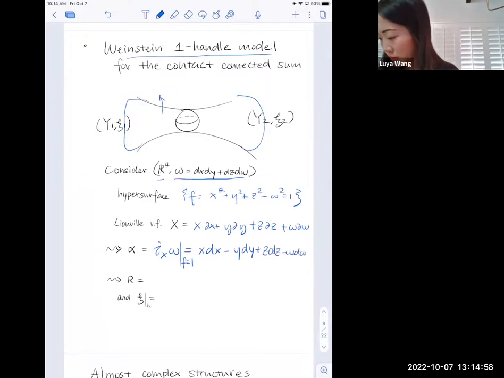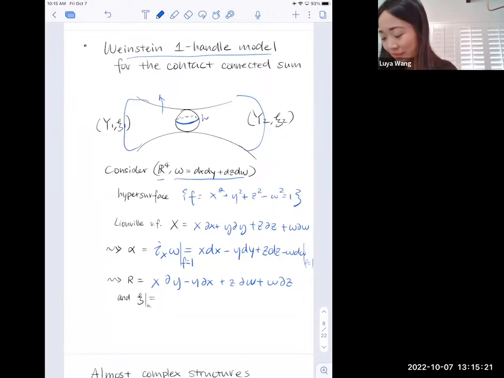And from the contact form, I get a Reeb vector field, x partial y, y partial x, plus z partial w, plus w partial z. So from this description, you can see that this is the only orbit, and it's actually a hyperbolic orbit.